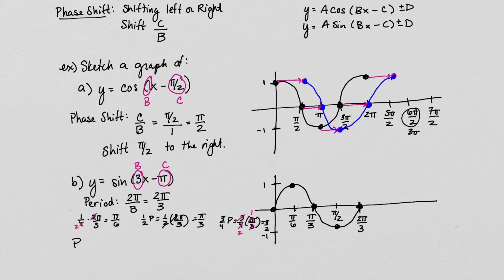And now I'm going to figure out the phase shift. So again, I have that minus c. So our phase shift is going to be c over b. So in this case, it's pi over 3.